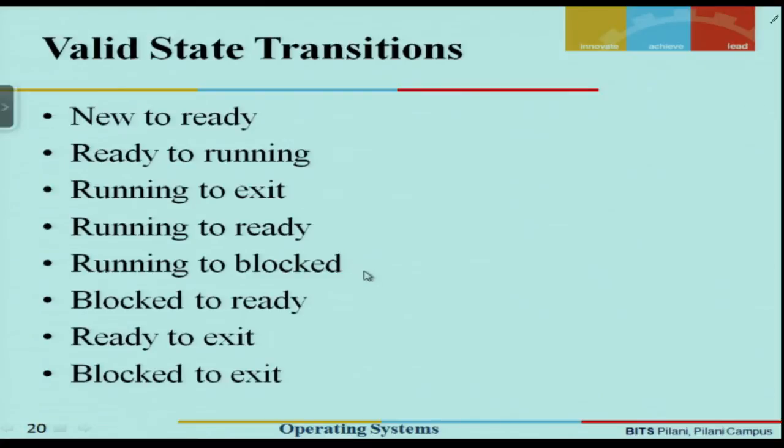Whenever the event for which the process is blocked occurs, the blocked process moves to a ready state. And please note that any process can go to the exit state from any state.